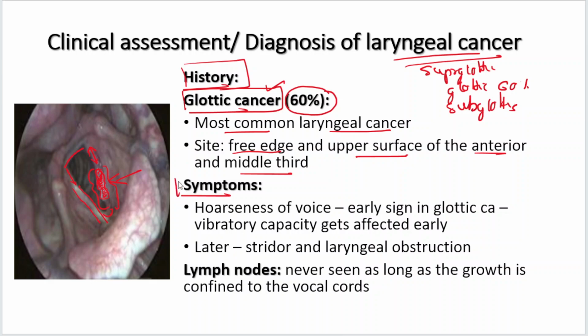What is the symptom with which the patient is going to come to your OPD? Whenever there is a little bit of hyperemia or any small vocal cord nodule or vocal cord cyst, the patient is going to immediately develop hoarseness of voice.